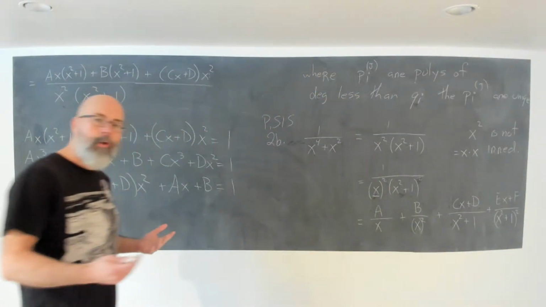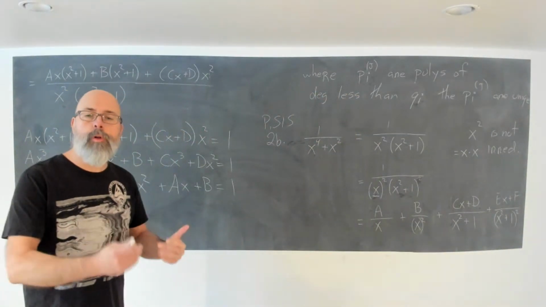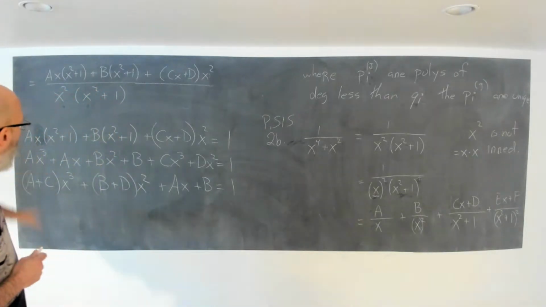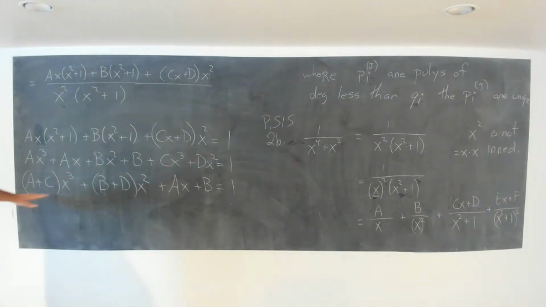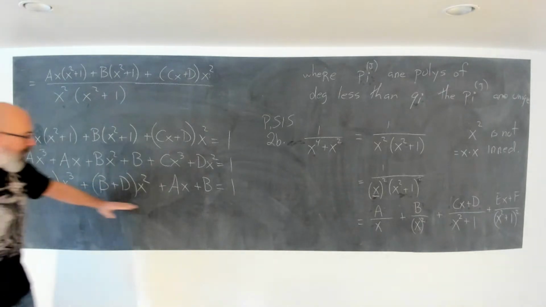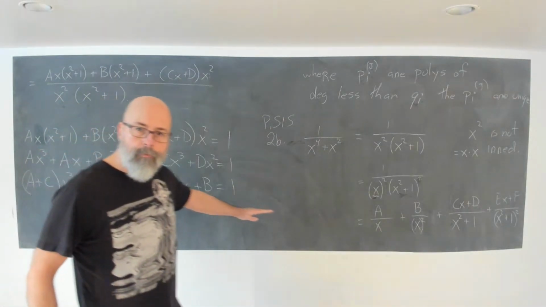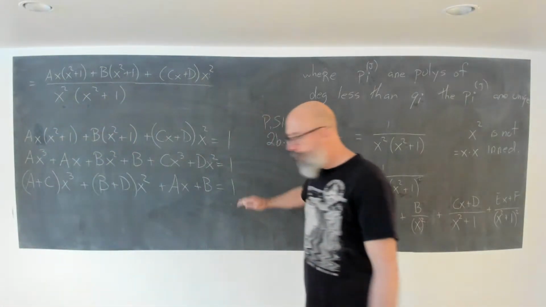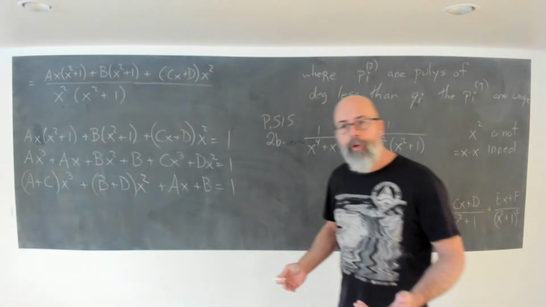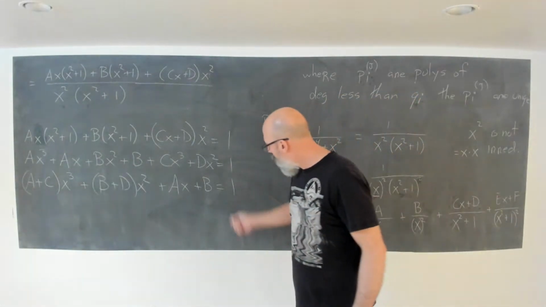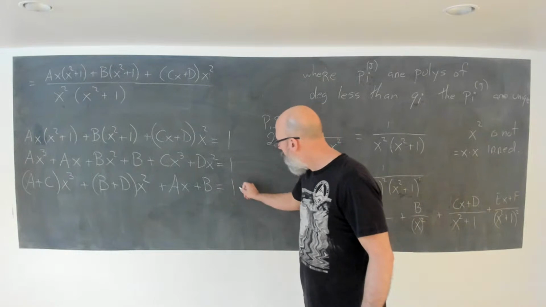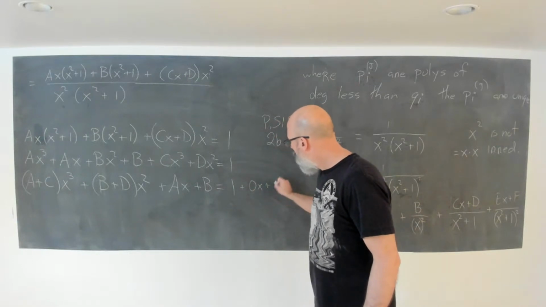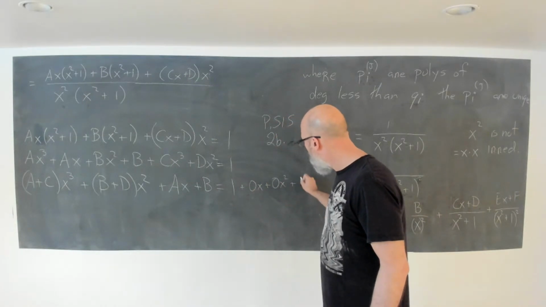It has to do with the degree of the irreducible polynomial. So here, on the left-hand side, you have this big polynomial. But on the right-hand side, you also have a polynomial: 1 plus 0x plus 0x squared plus 0x cubed.